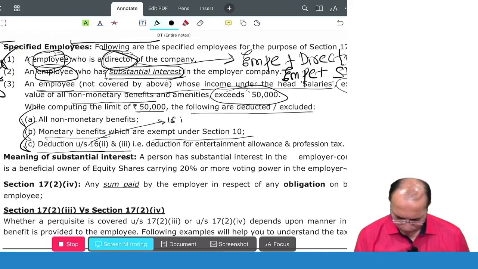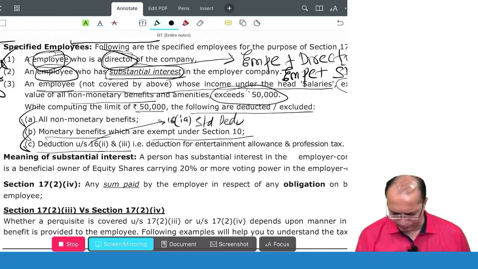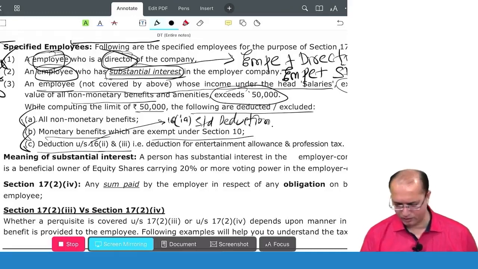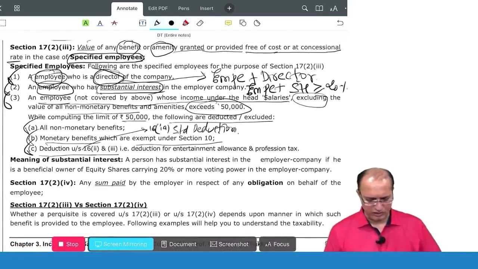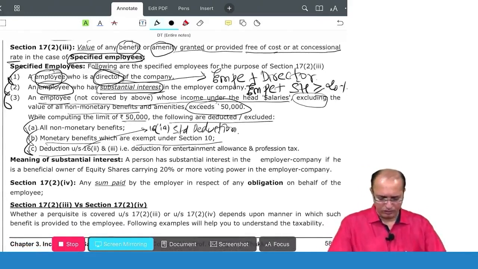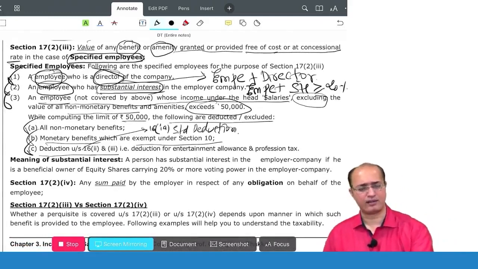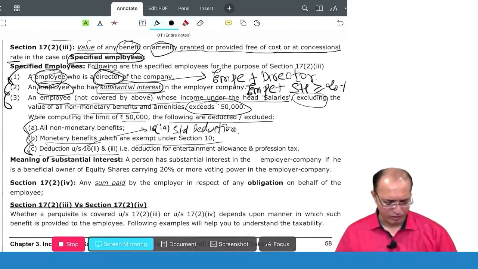What is that clause 1A? Standard deduction. So you have to deduct standard deduction, entertainment allowance deduction, and profession tax. So you deduct all these amounts.